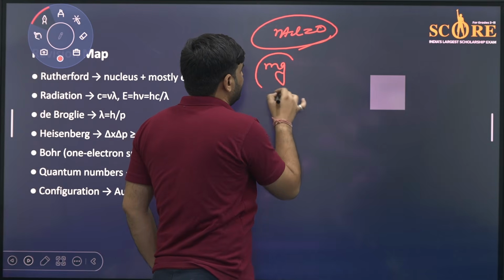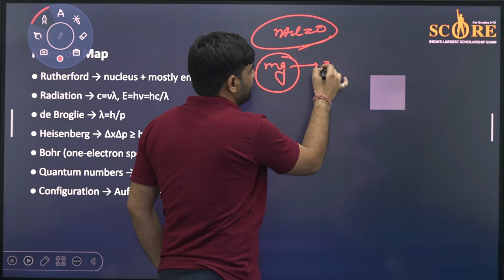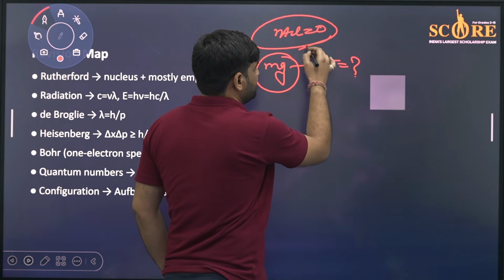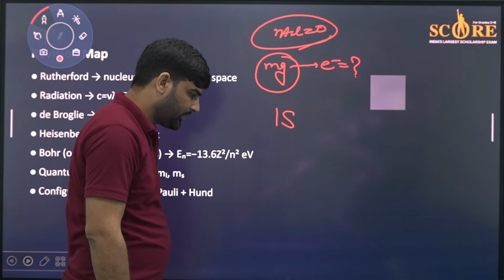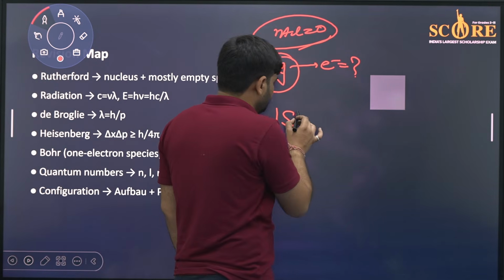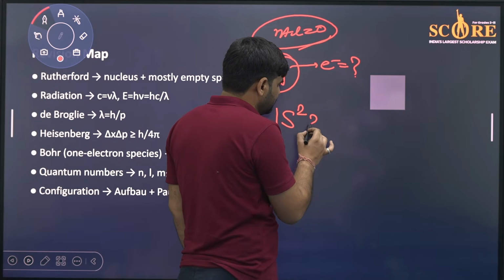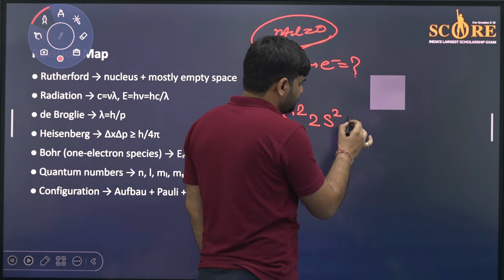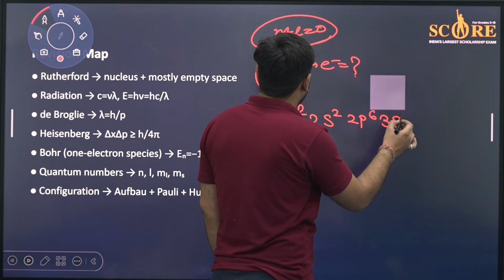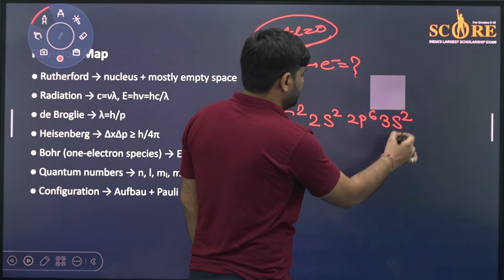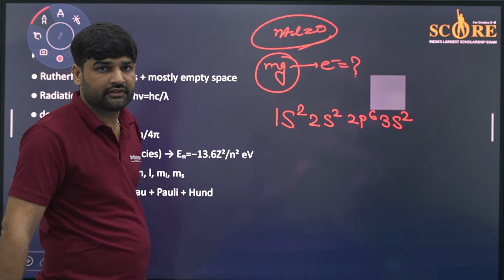For that also, you have to write the electronic configuration: 1s2, 2s2, 2p6, 3s2. This is the magnesium configuration.